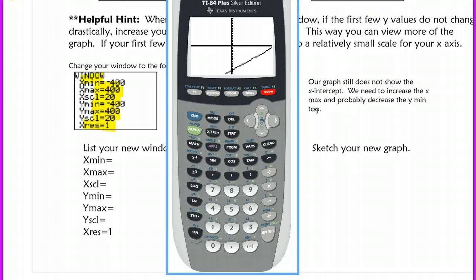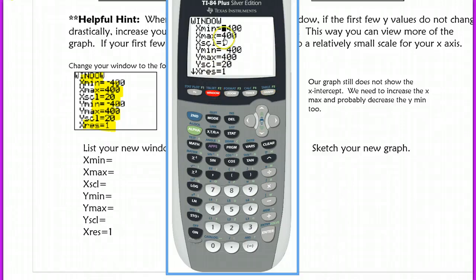We want to get the best picture of your graph, whatever function type it is. It wants to include the y-intercept, any x-intercepts, and then any type of changes in your graph like a vertex. So since I can't see over here, I'm basically asking my calculator to zoom in over here. I want to increase the x max.